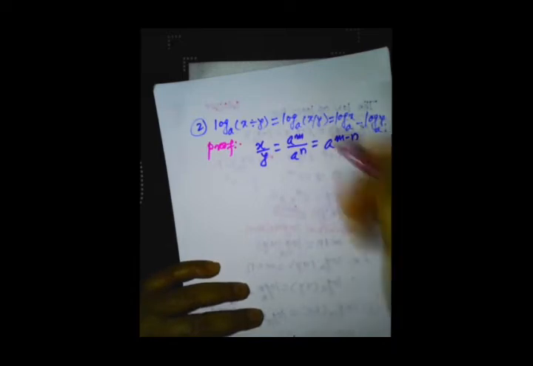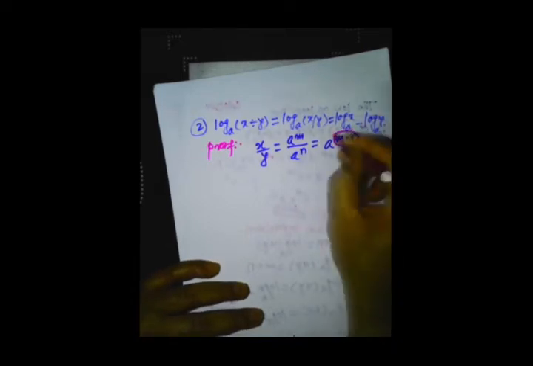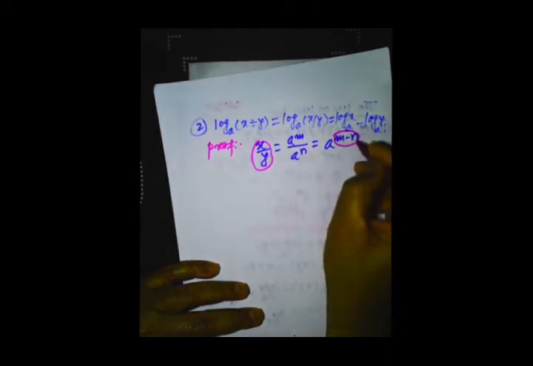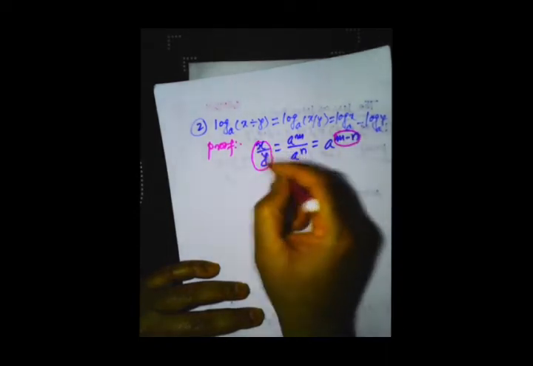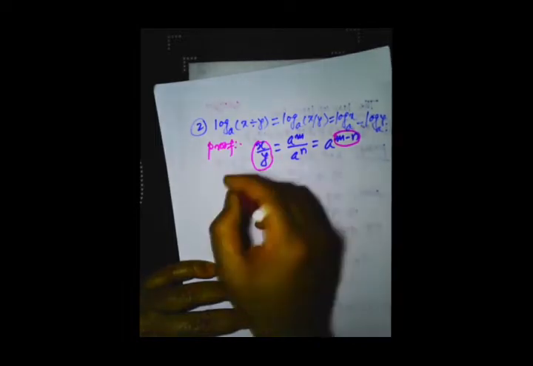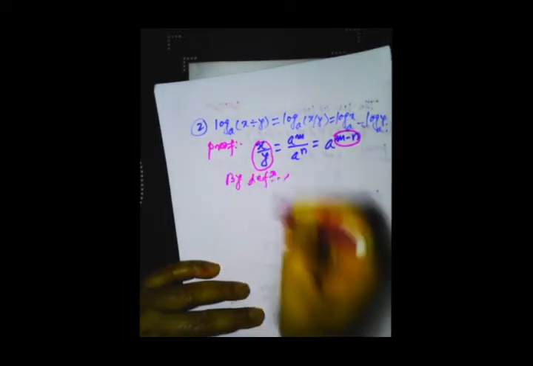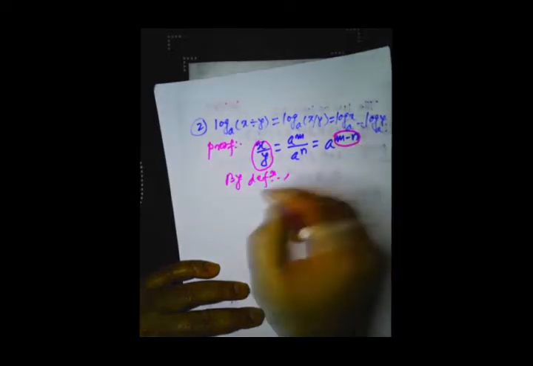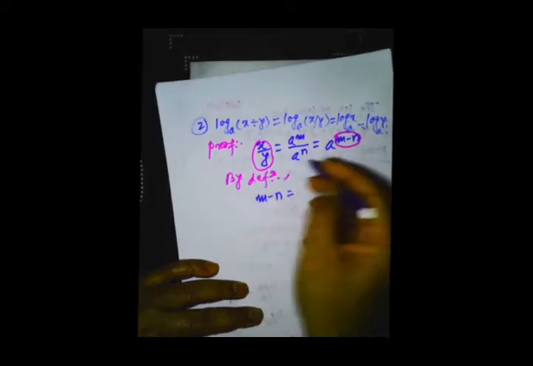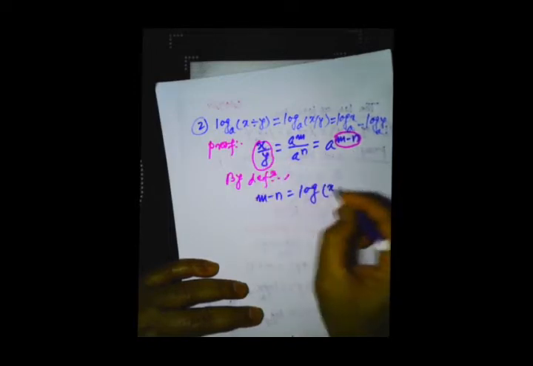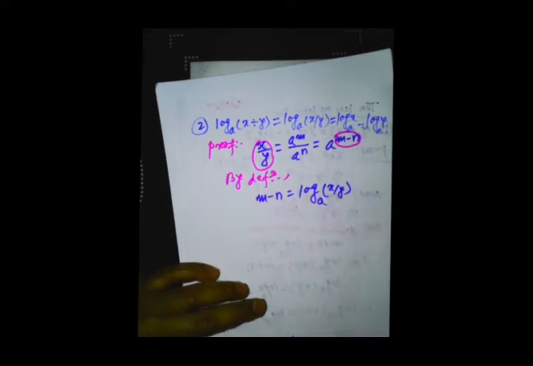Now here also you can apply the definition of logarithm, where you suppose m minus n as one number and x divided by y as another single number. In that case, by definition of the logarithm, you can say that m minus n is the logarithm of x divided by y to the base a.